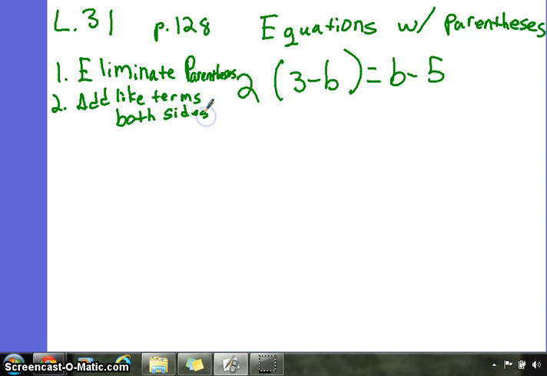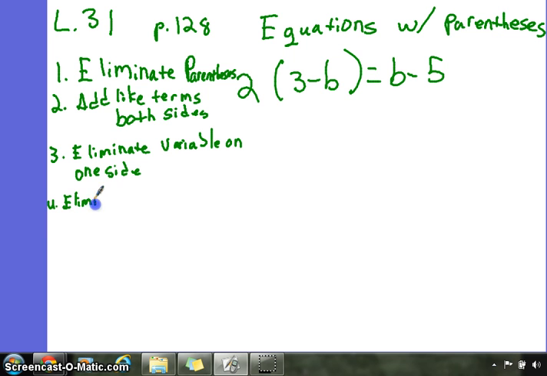We will eliminate the variable on one side. We will eliminate the constant.